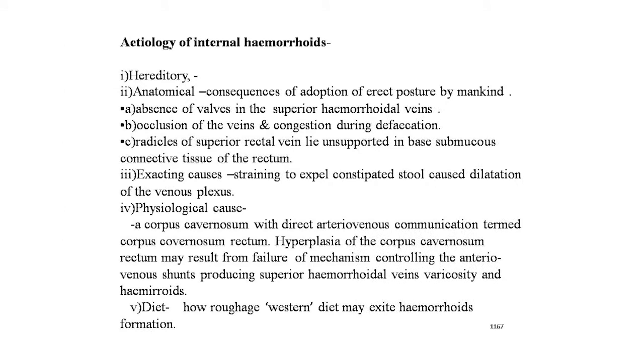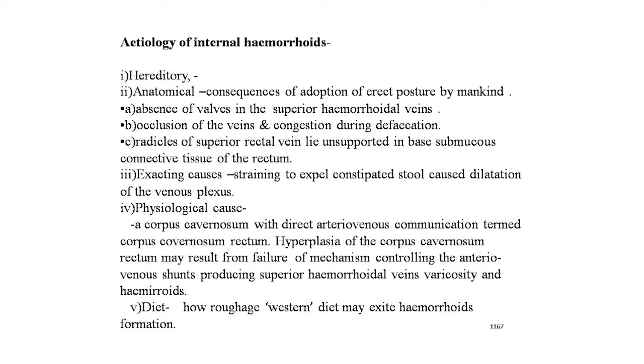Now the etiology of internal hemorrhoids: first hereditary, second anatomical, which is a consequence of the adoption of the erect posture by mankind, absence of valves in the superior hemorrhoidal veins, occlusion of the veins and congestion during defecation. Radicles of the superior rectal veins lie unsupported in the submucous connective tissue of the rectum.